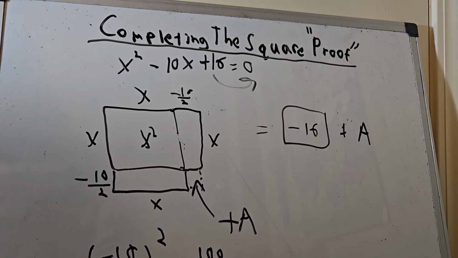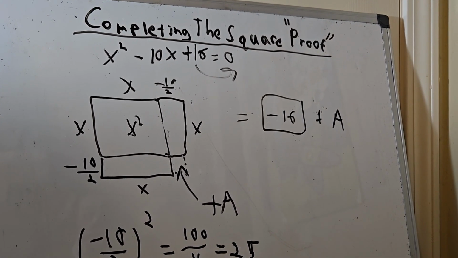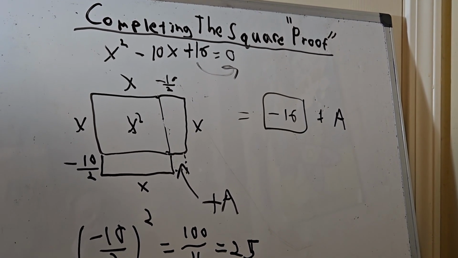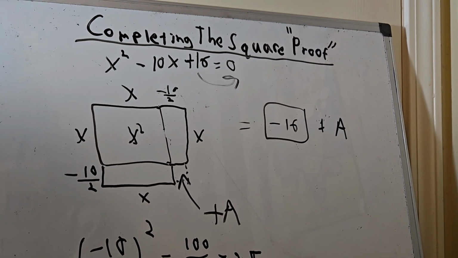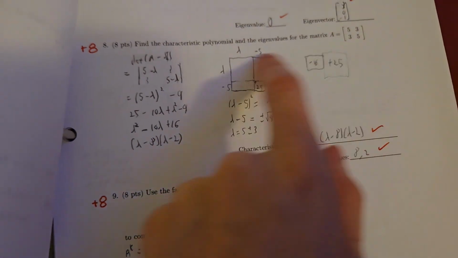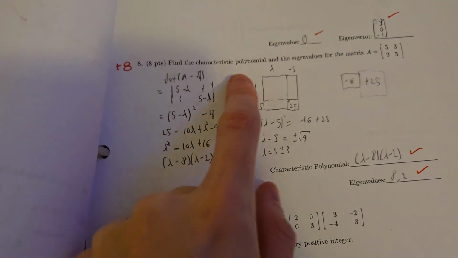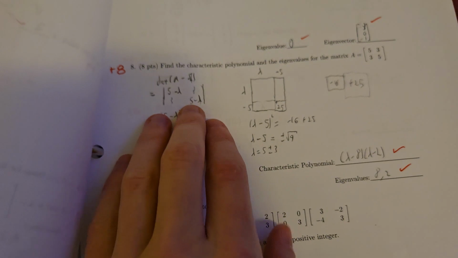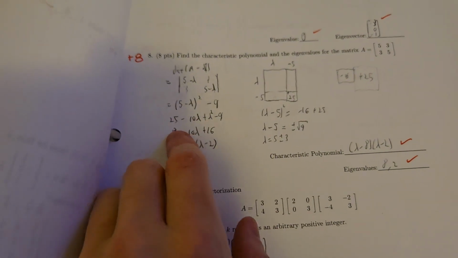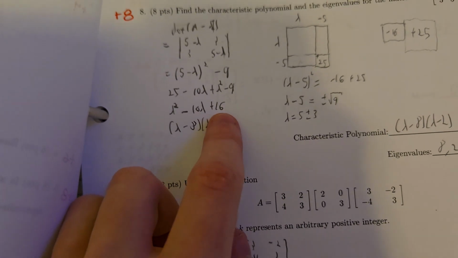In my opinion, this is a lot more elegant than just shoving this into a formula, the quadratic formula. Here is me doing this from my linear algebra class. So we had to find the characteristic polynomial. We don't care about this. This is linear algebra jargon. But I was left with lambda squared minus 10 lambdas plus 16.